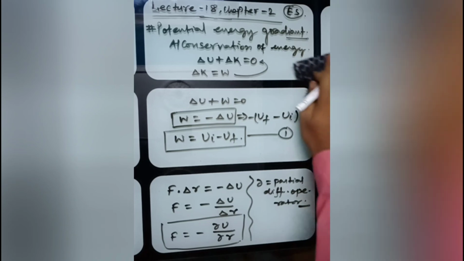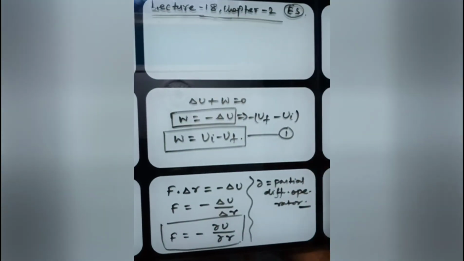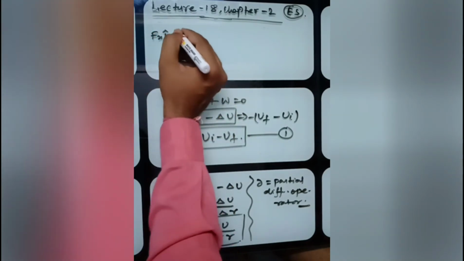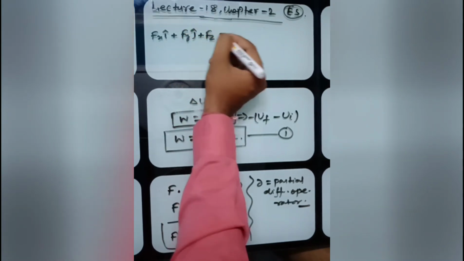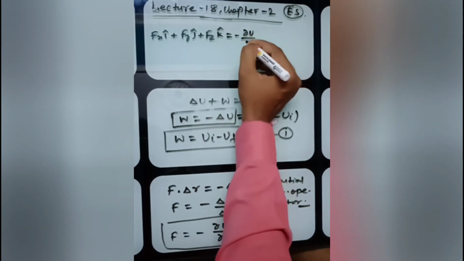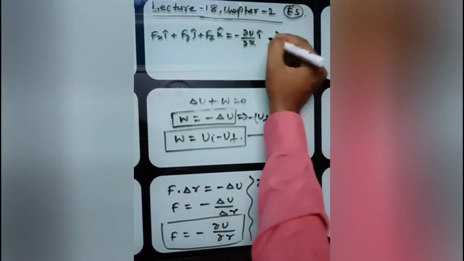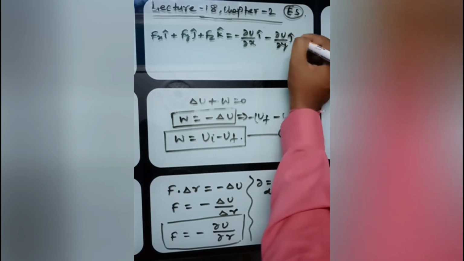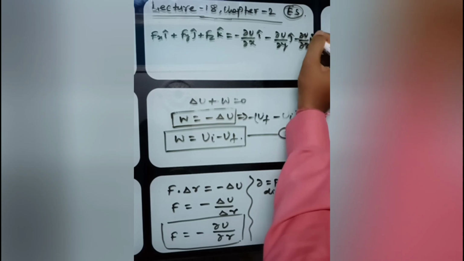Overall, in the potential energy gradient, since force is a vector quantity, you have to write Fx i, Fy j and Fz k: minus del u by del x i cap, minus del u by del y j cap, minus del u by del z k cap.